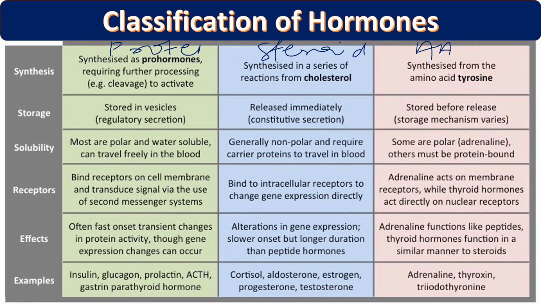So protein hormones are normally synthesized in the form of inactive proteins. These inactive proteins are called prohormones. These prohormones undergo proteolysis, either from the C terminal end or the N terminal end. So if some amino acids are removed from these prohormones, it will give you the active hormones. So prohormone means it is a precursor hormone.